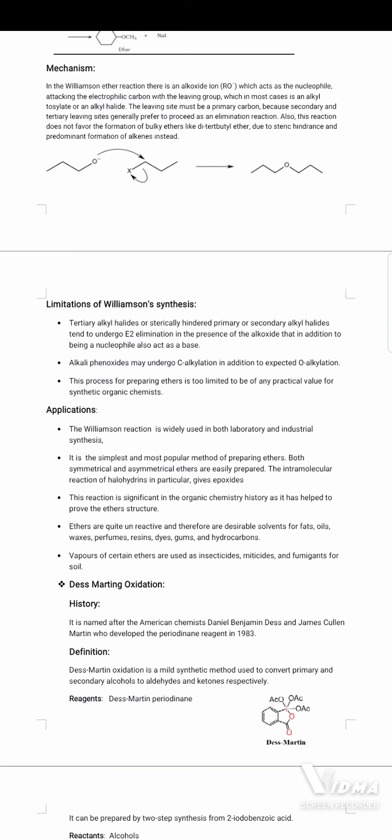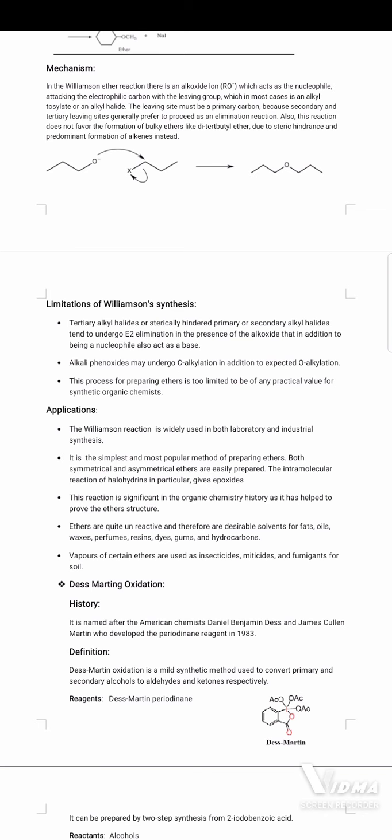Moving towards the limitations of the Williamson synthesis. Basically, alkali phenoxide may undergo C-alkylation in addition to the expected O-alkylation. So it is a great limitation of Williamson synthesis. Basically, C-alkylation is a process of the formation of a carbon-carbon bond. For alkylation at carbon, the electrophilicity of the alkyl halide is enhanced by the presence of a Lewis acid.